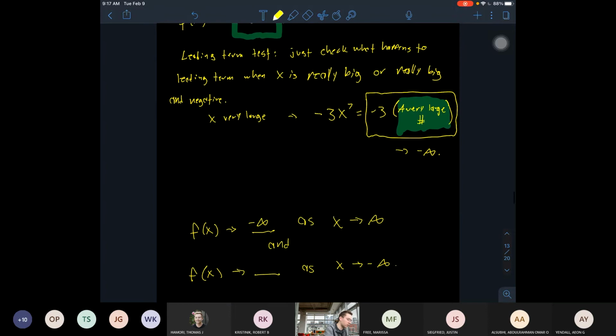Okay, now I can check the other one. Check what if x is very large and negative. Then negative 3 x to the 7th will be equal to negative 3 times a very large negative number.